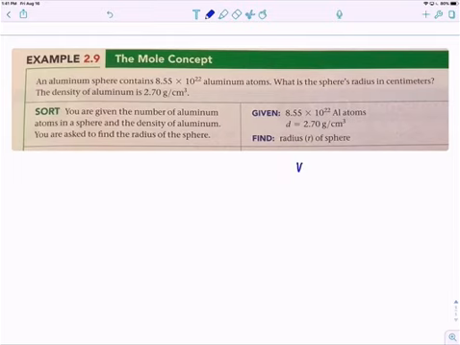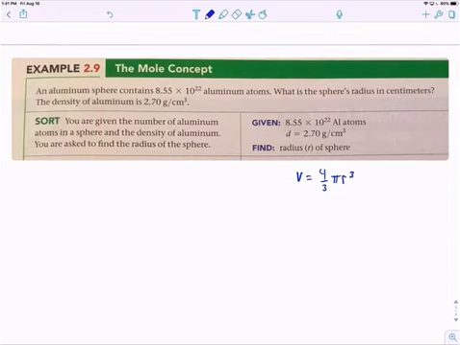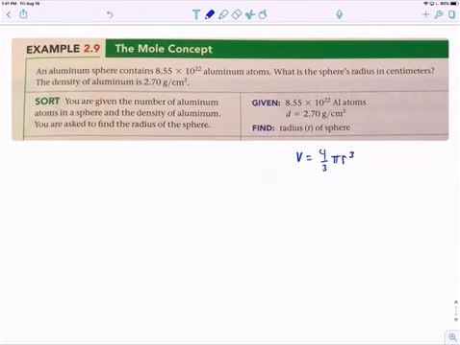The volume of a sphere is 4/3 pi r cubed. So we've done this before, right? So the radius is the cube root of 3V over 4 pi.